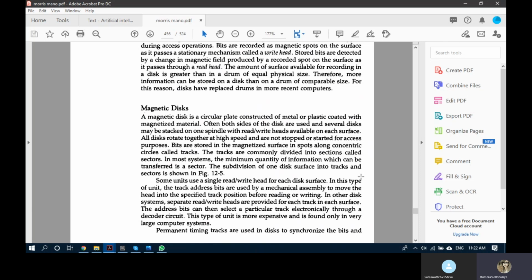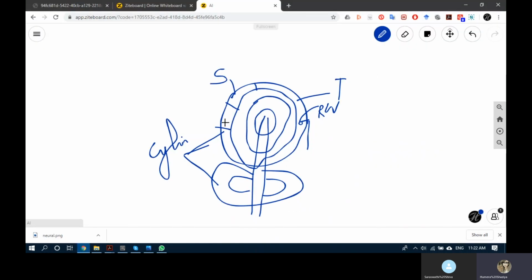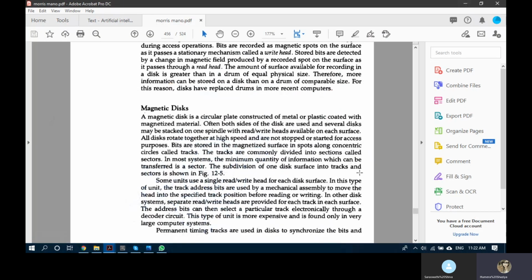And all the disks rotate together at the same speed, and bits are stored in the magnetized surface in spots. Here you have spots where you can store the bits. These are magnetic spots.